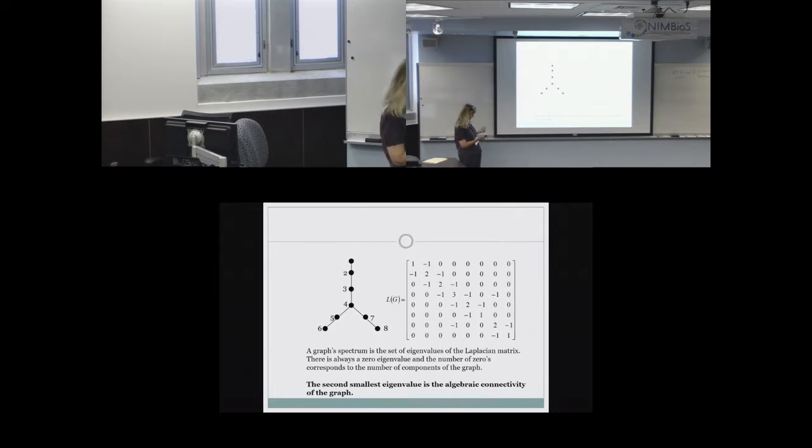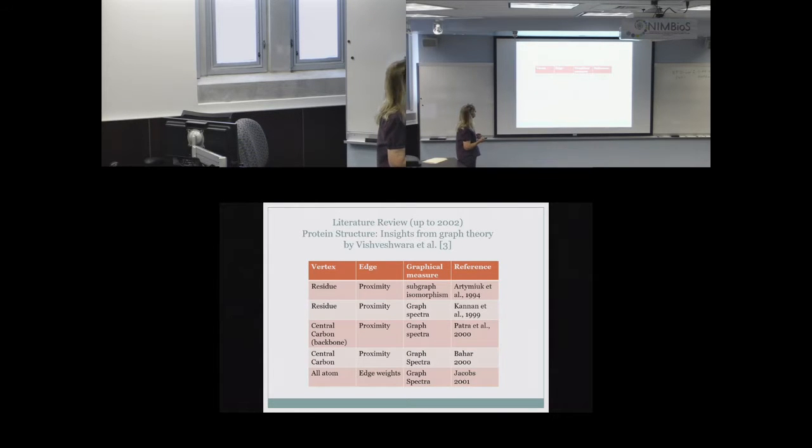So it's somewhat different. Okay, but we're still thinking about modeling protein structure. And so if we do a survey of the literature up to 2002, we can find examples, and in fact there is a nice survey paper, Protein Structures: Insights from Graph Theory, that surveyed different ways that proteins have been modeled with graphs.